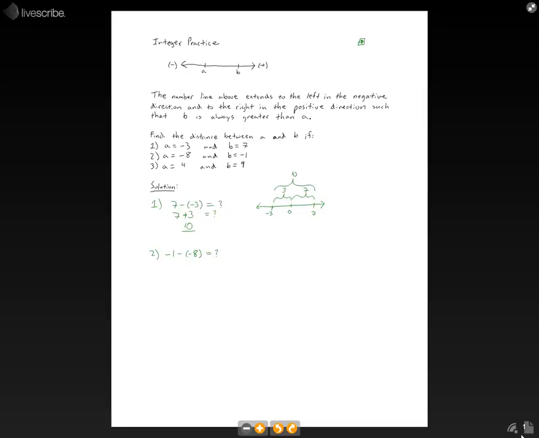And we'll rewrite this. Since we have minus a negative number, we're going to rewrite it as plus 8. And -1 plus 8 simplifies to 7.